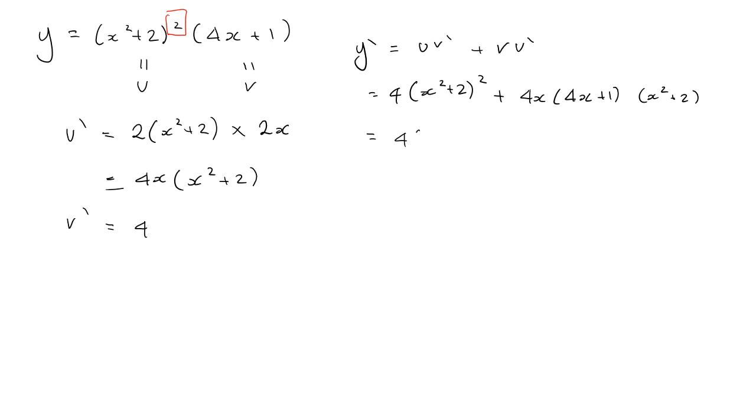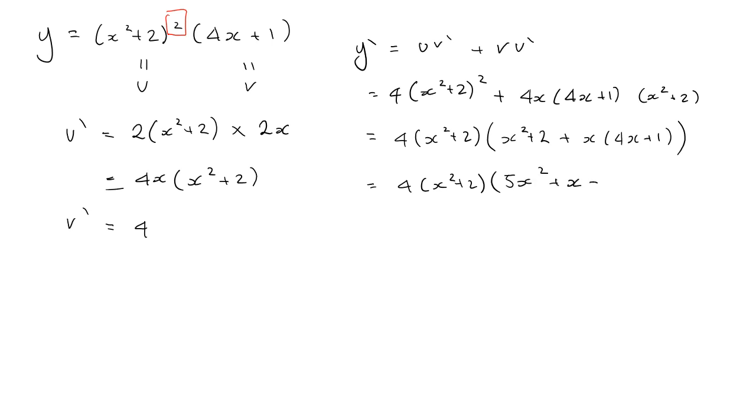So this should be 4(x squared plus 2) times [(x squared plus 2) plus x(4x plus 1)]. Now we just need to simplify that. So it should be 5x squared plus x plus 2. And that's how you find the derivative of a function in the form of u times v using the product rule.